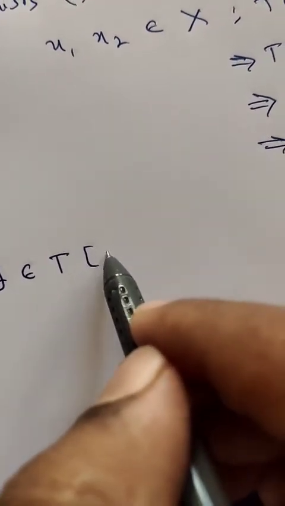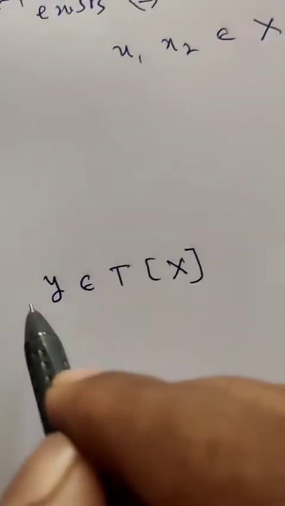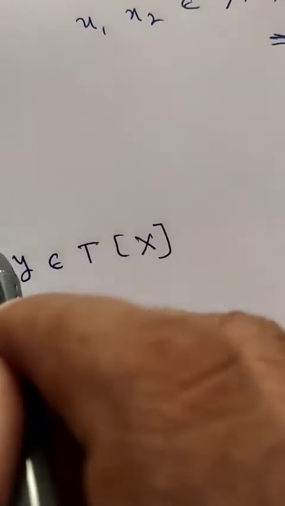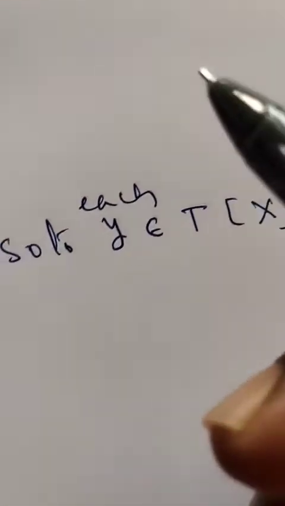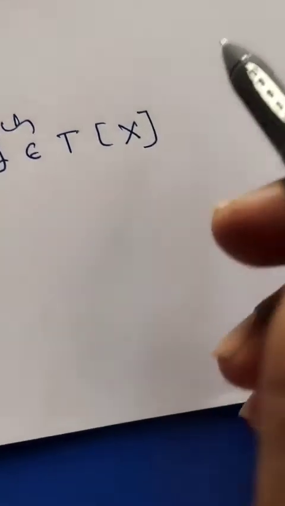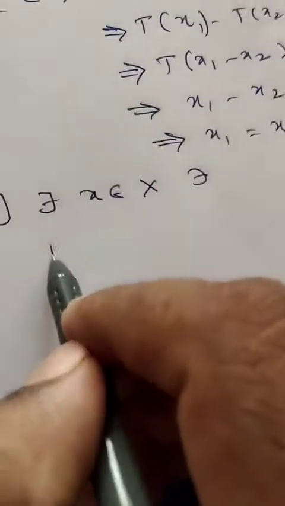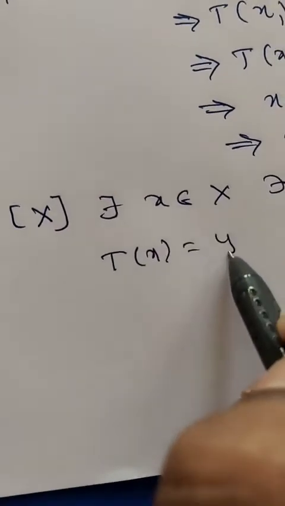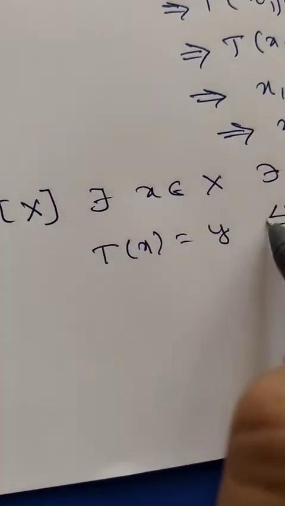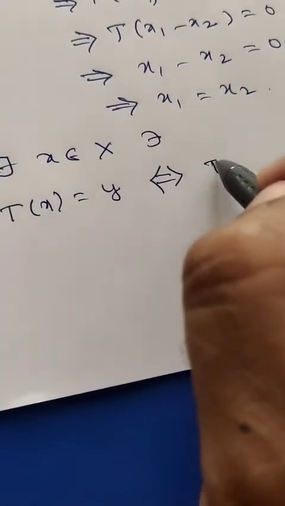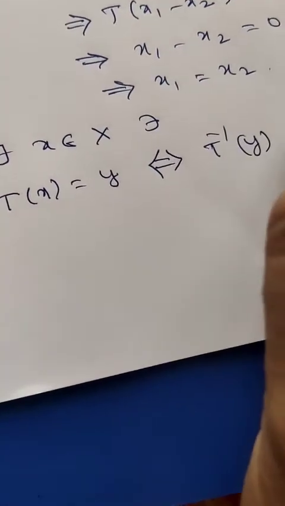The domain of T inverse is T of X. So to each y belongs to T of X, there exists x belongs to X such that T of x is equal to y, which happens if and only if T inverse of y is equal to x.